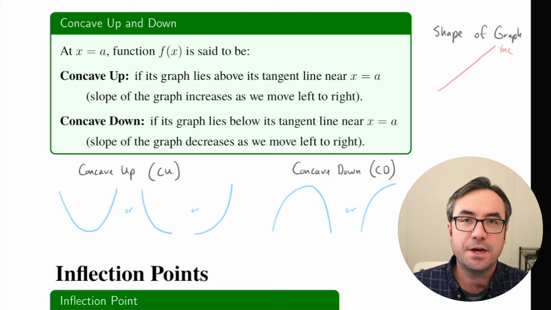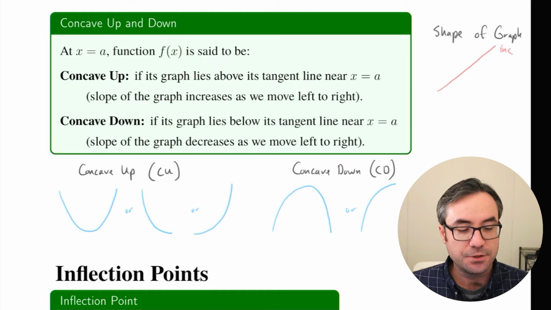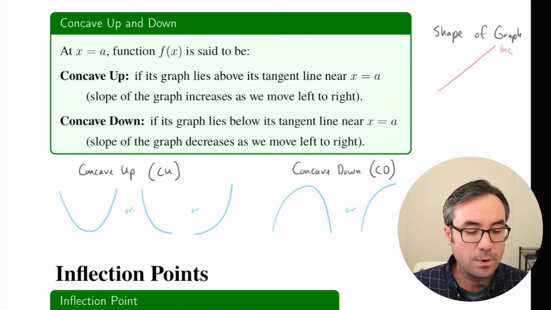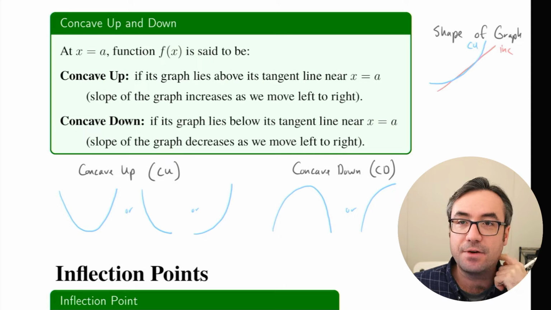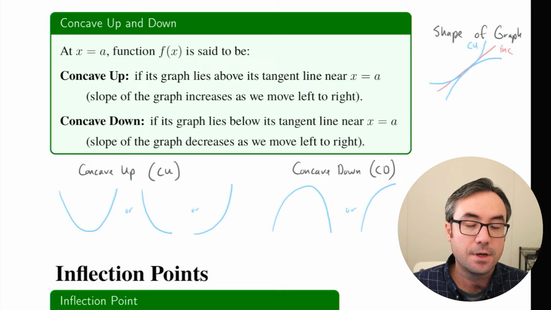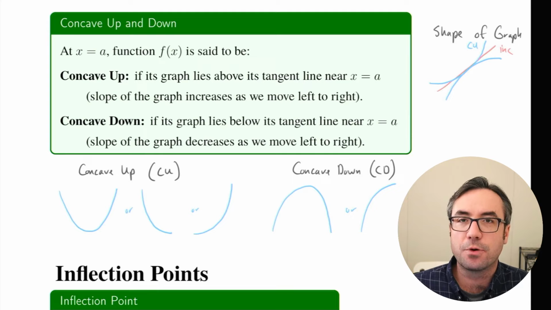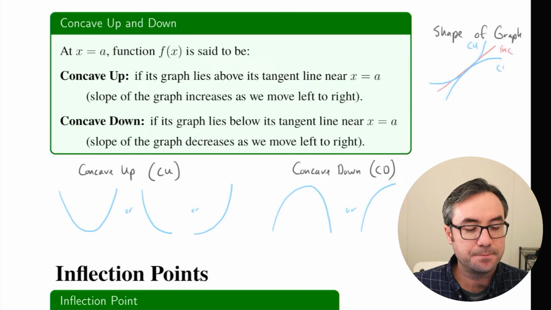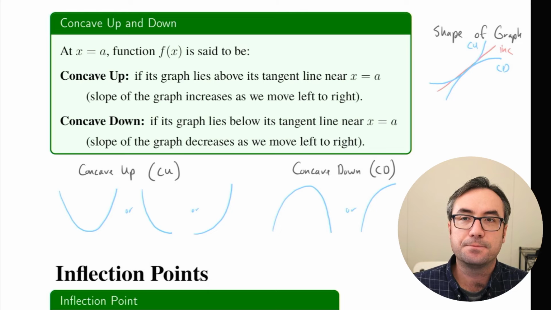What concavity does is it tells you how the function actually bends. So if that's our tangent line, well, you can have the curve actually bend above, which gives you an increasing function that's concave up, or the curve can bend below, can kind of underperform the tangent line, and that's concave down.